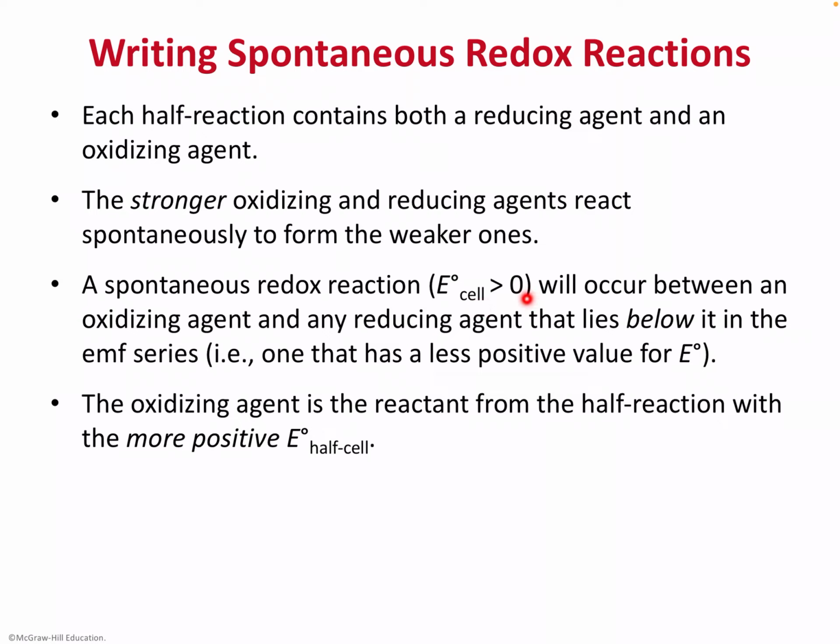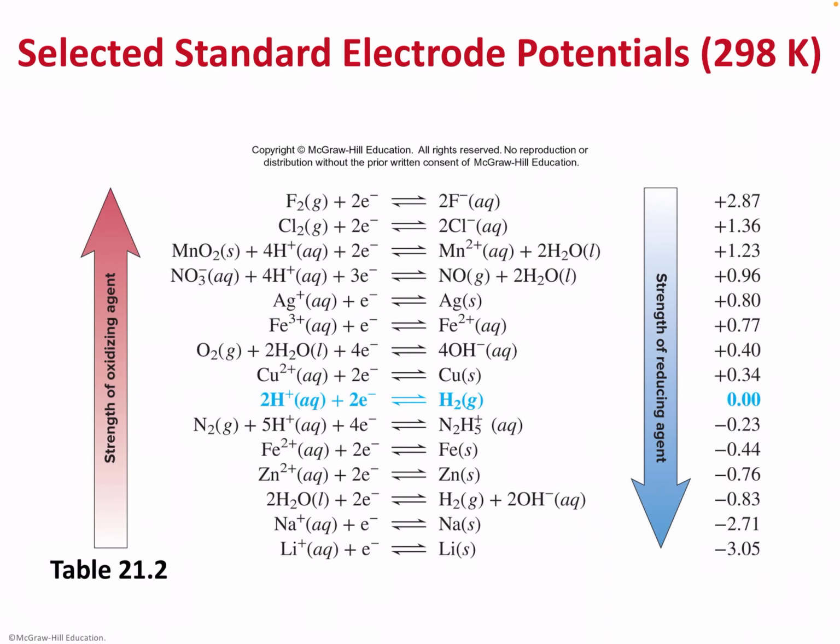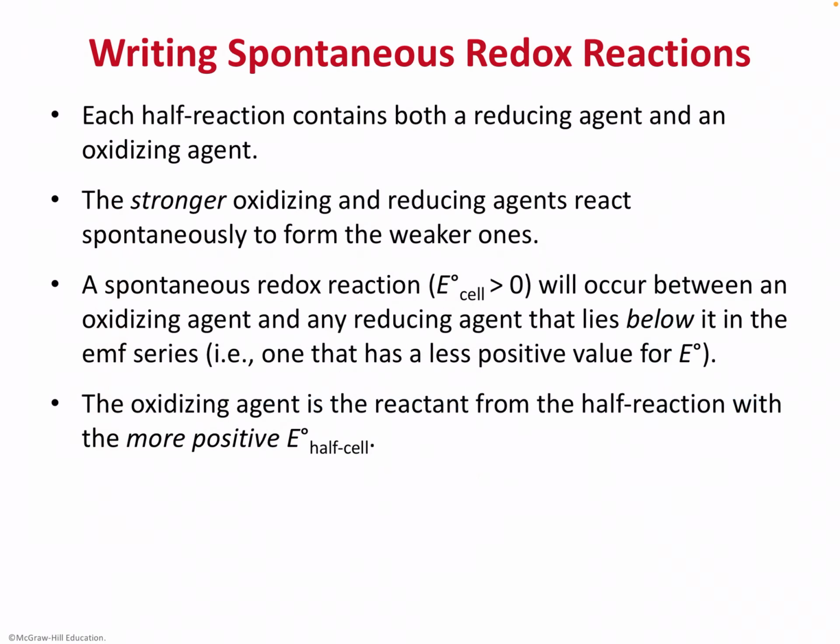Okay, a spontaneous reaction will occur between an oxidizing agent and any reducing agent that lies below it in the EMF series. So this is the electromotive force series, EMF series. That is one that has a less positive value for E-note. So our goal is to get E-note cell greater than 0 for a spontaneous reaction.